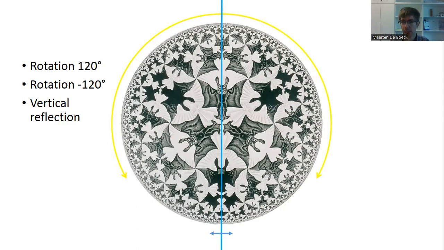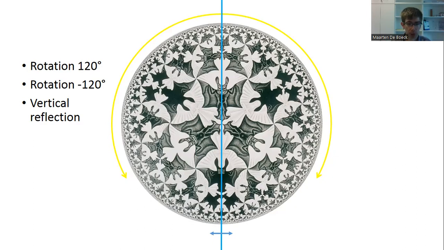Well, think of this object as a very small disk, which you can look at from both sides, and then you realize that a vertical reflection is just like a rotation over the axis in the third dimension, right? So yes, I can do this to this object. This is a vertical reflection. As we will say, it has mirror symmetry.